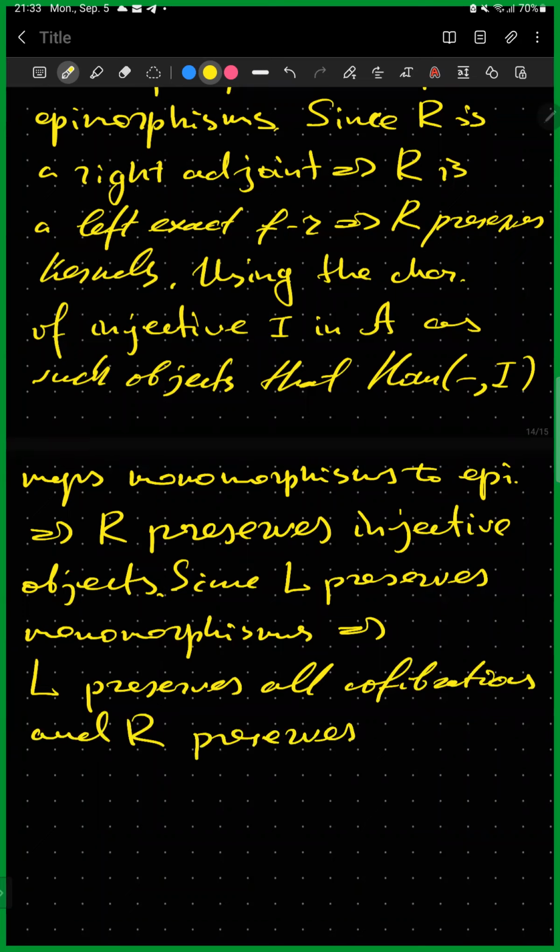So this is in accordance with the definition of model structure that we gave on chain complexes.